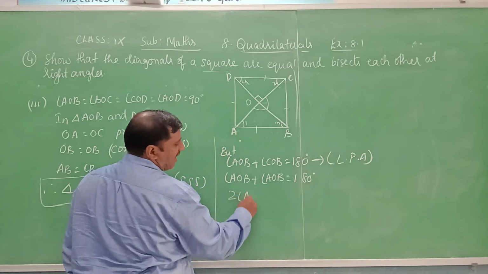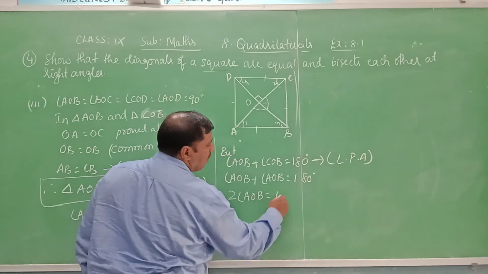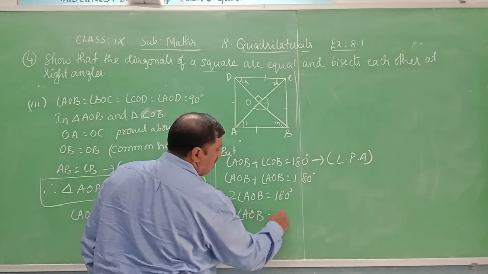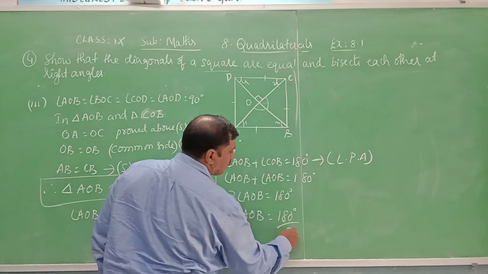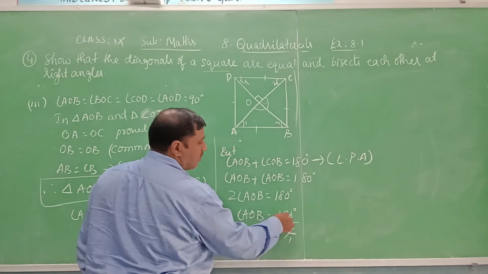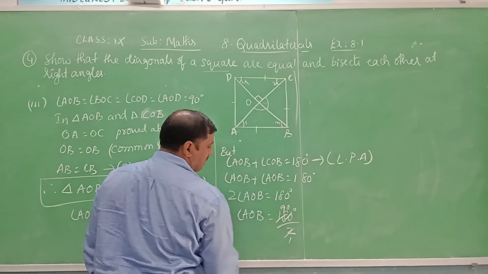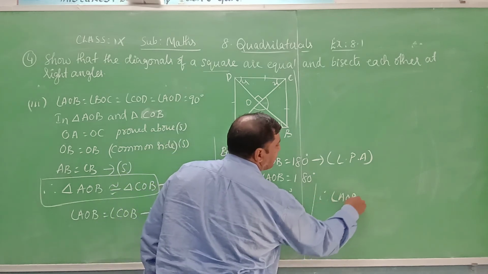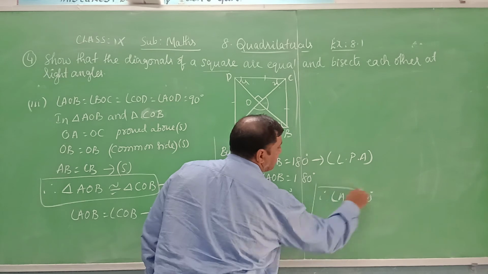2 times angle AOB is equal to 180 degrees. Now, angle AOB is equal to 180 degrees divided by 2. 2 ones are 2, 2 nines are 18, and 2 zeros are 0. 90 degrees. Therefore, angle AOB is equal to 90 degrees.